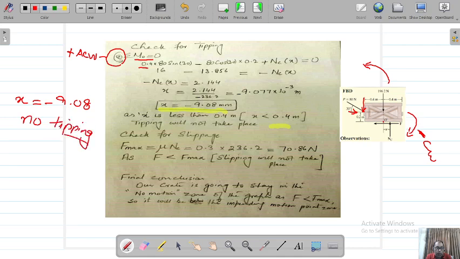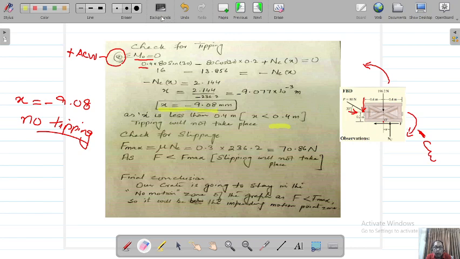Okay, so no tipping. So tipping will not take place. This is very important. We will say that tipping will not take place. So as tipping is not taking place, we will now check for the slippage. Okay, whether this impending force P will be able to create motion or not.